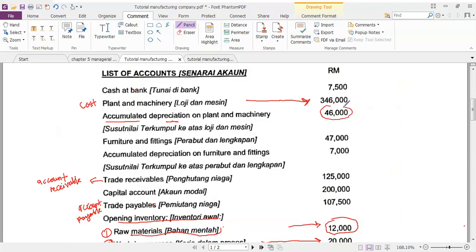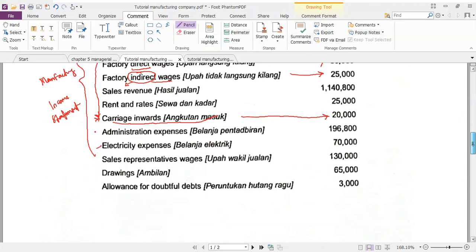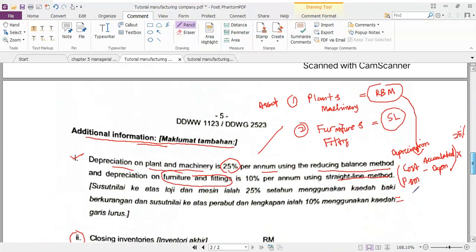That is 46,000. So we have 346 as the cost. Okay, put here 346,000 minus with accumulated depreciation, that is 46,000, times with 25%.